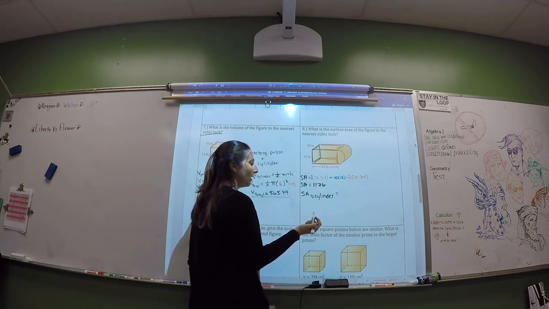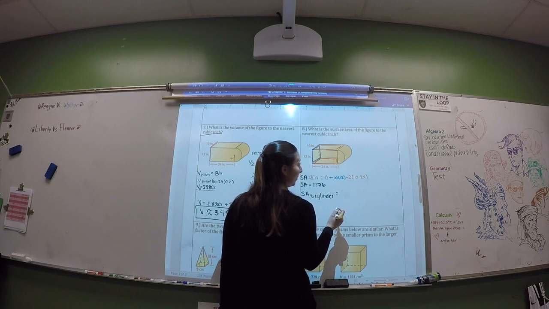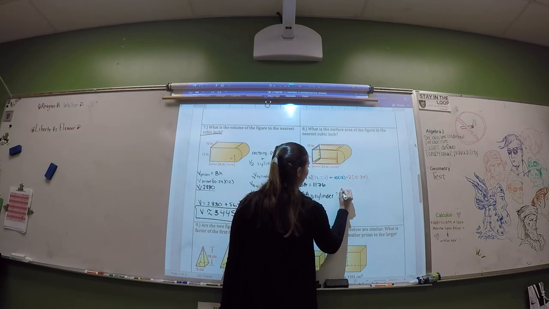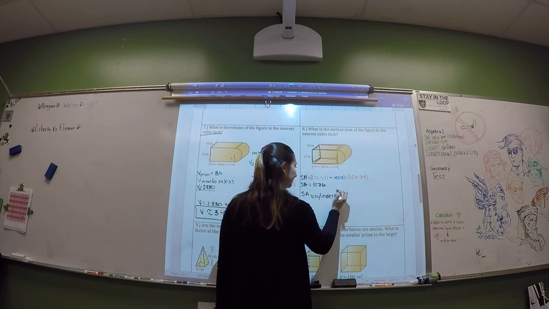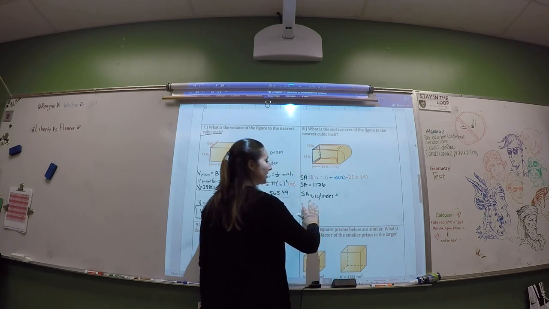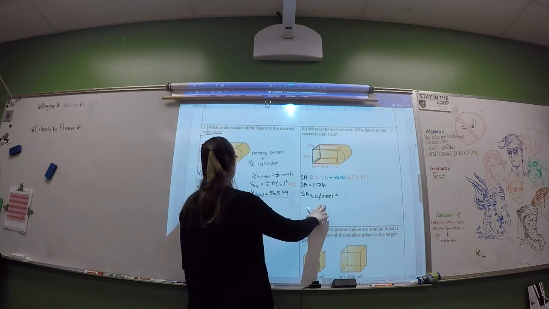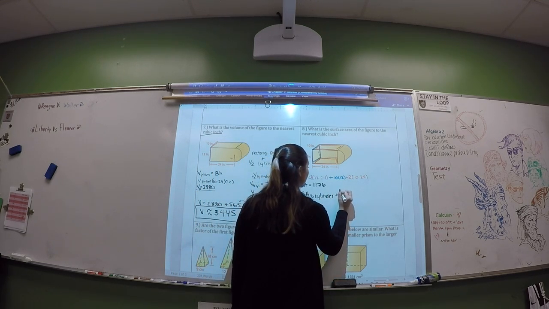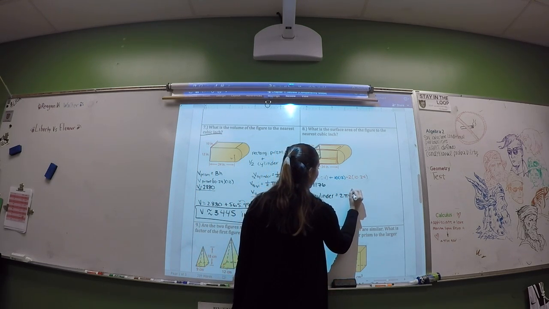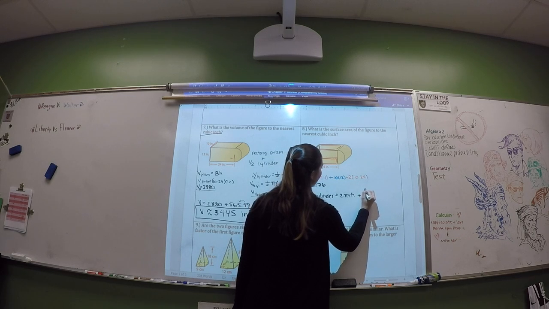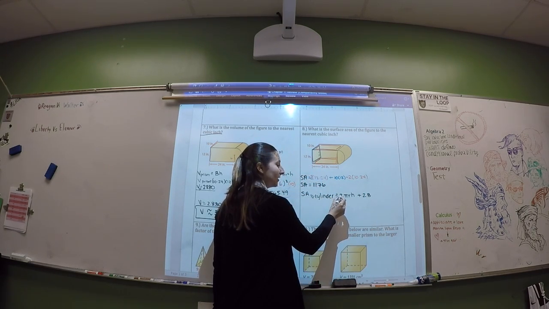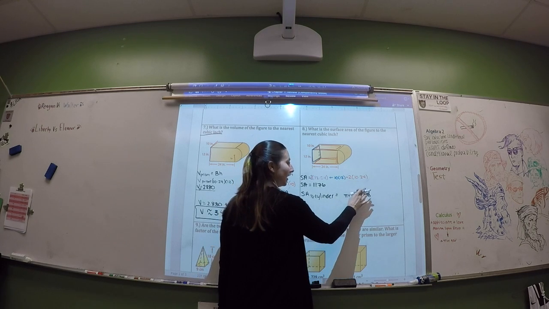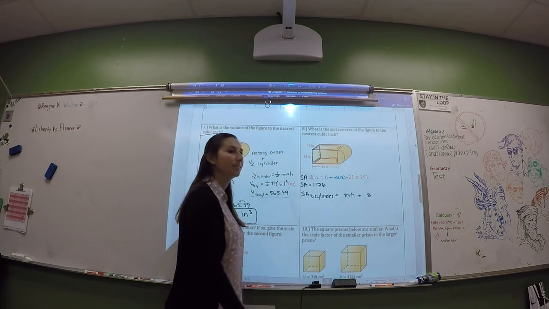So surface area of a cylinder would be pi, so a cylinder is like a prism, so it's going to be perimeter of the base times height plus the area of the two bases. But since it's only half a cylinder, we're going to take half of this and get rid of the 2's.